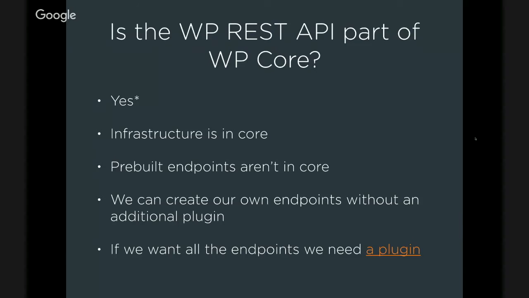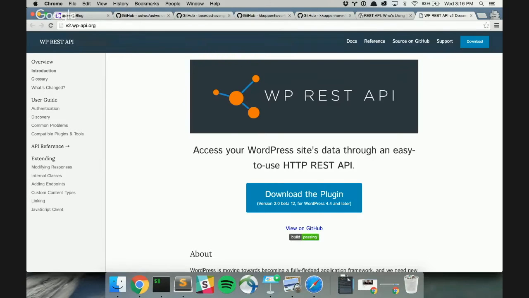But if we want to just go to our site.com/wp-json/posts and get a list of all of our posts, if we don't want to build that endpoint for ourselves, we need to use the plugin for that. The plugin is here at v2.wp-api.org. This is actually all the documentation for it.